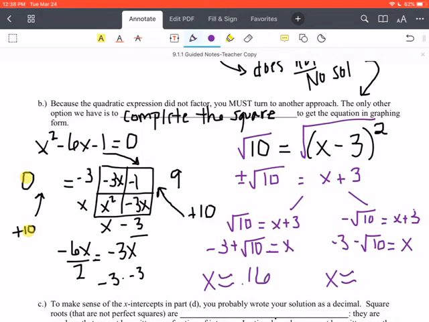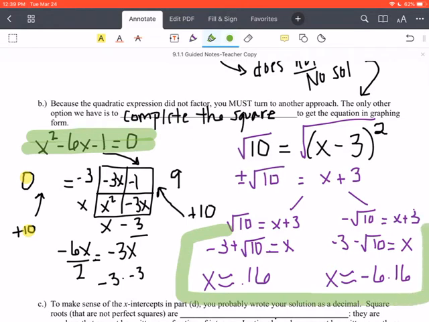Okay, and then from here we are going to do negative 3 minus the square root of 10, and you are going to get negative 6.16. Okay, so together we see that the solutions to the original equation, which is up here, go ahead and use my highlighter, this is our original equation, the solutions occur right here.